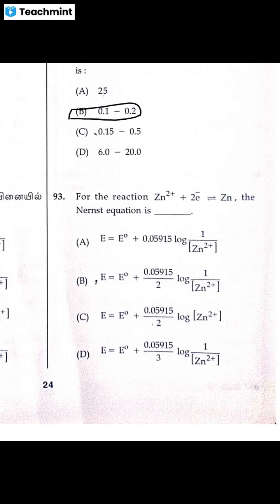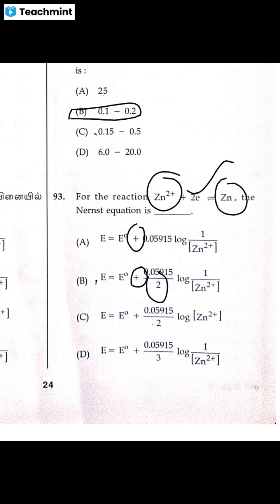Actually, as per the real Nernst equation, E is equal to E naught minus 0.0591 divided by 2, concentration of the reactant divided by concentration of the product. So the negative sign should be given for it to be correct. So this is also wrong, since the divided by n value is not given. In these cases, they have given a positive sign, but since product divided by reactant is given instead of concentration of the reactant divided by product, the sign will be changing. So according to that, option C is the correct answer.